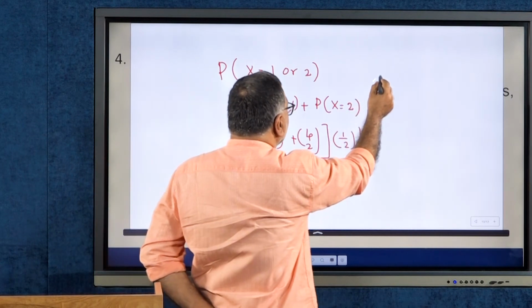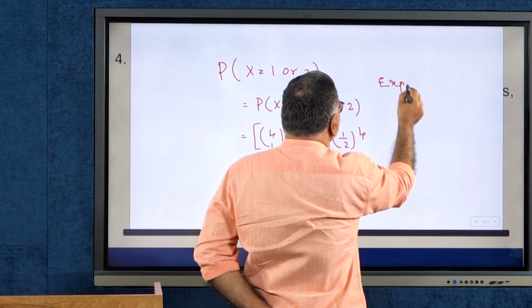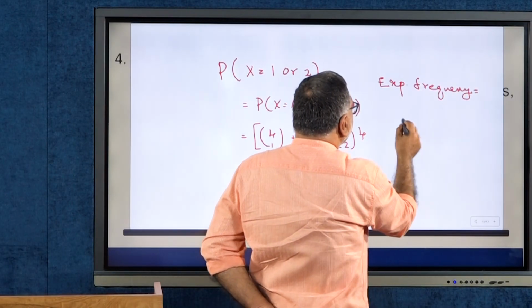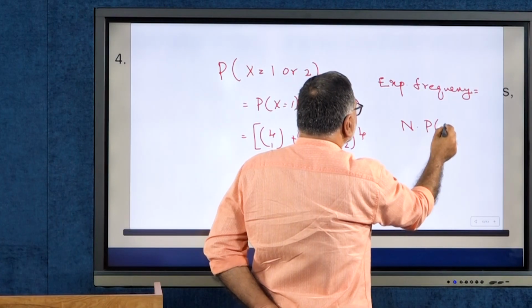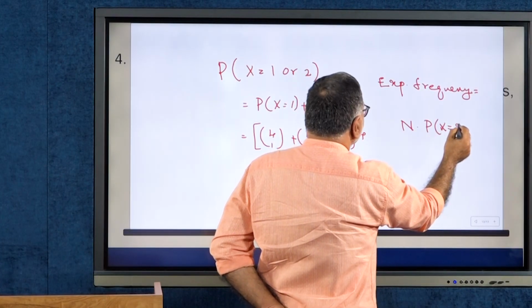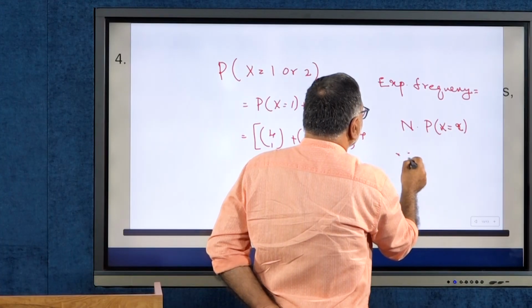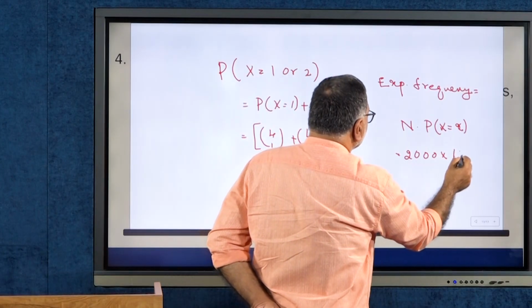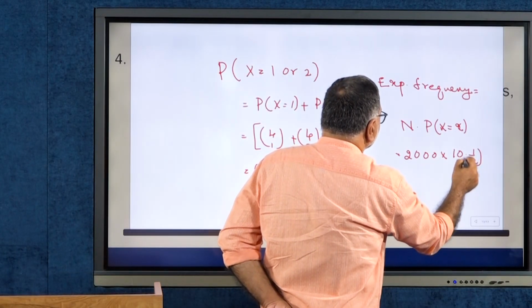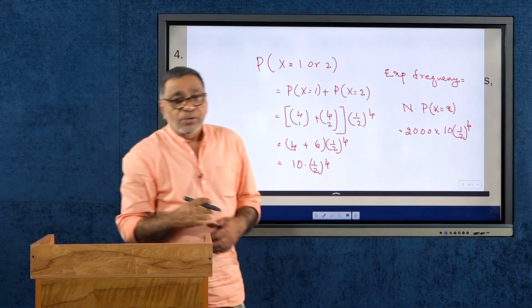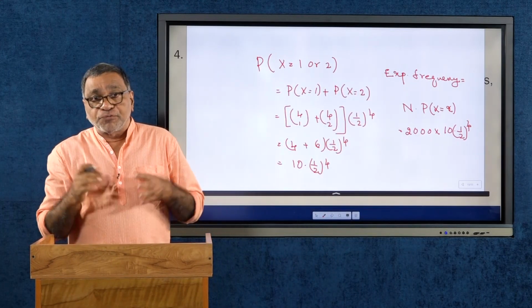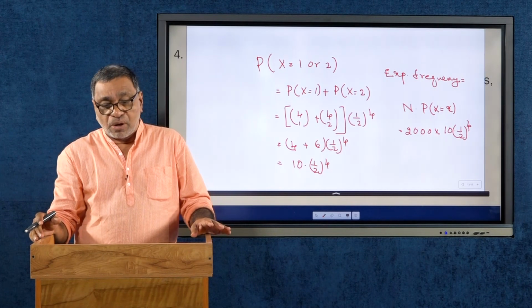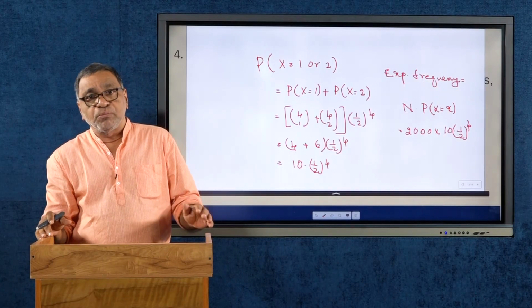So what is the expected frequency? The expected frequency is capital N into the probability of x, that is 2000 into 10 into (1 by 2) to the power 4. Suppose you are finding, out of 2000 families with four children, how many families have either one or two boys.